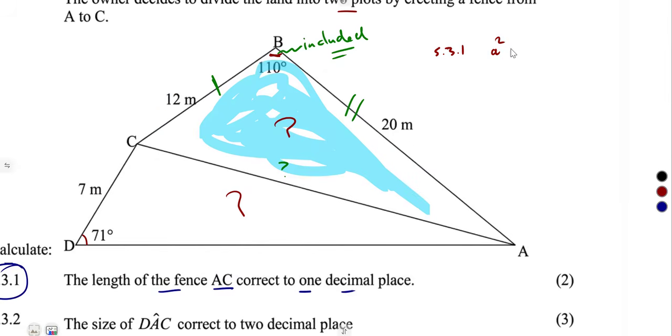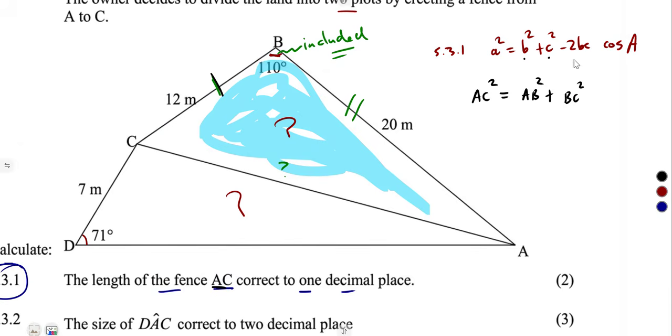When they say A squared is equal to B squared plus C squared minus 2BC cos of A, what is important is the meaning of this part. A is the side to be calculated, which is our AC. So AC squared is equal to B and C are the other two sides you are given, which in our case is side AB and BC.